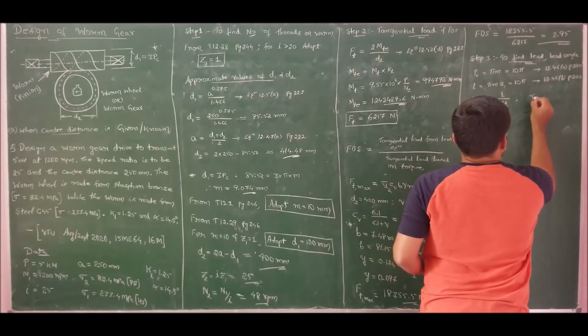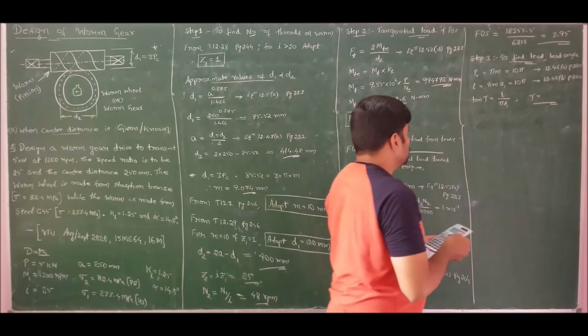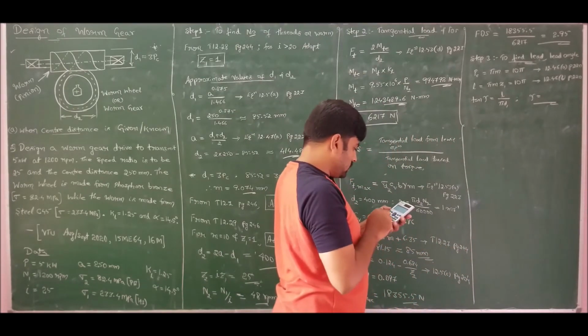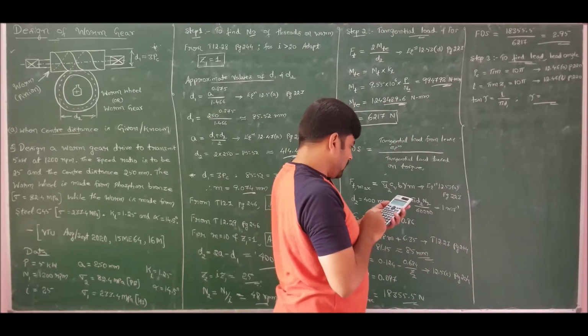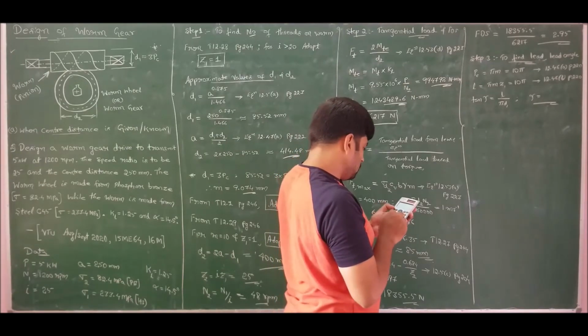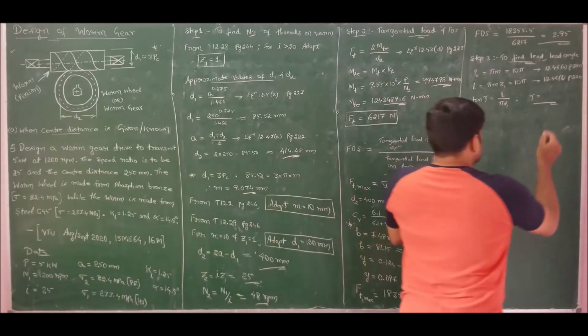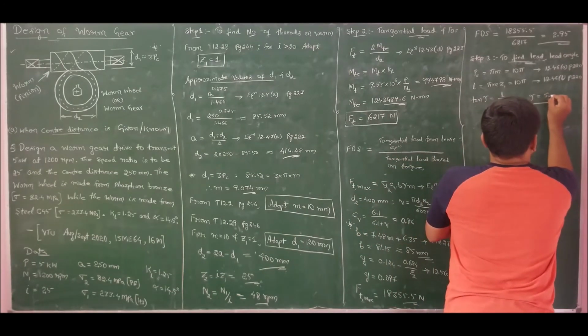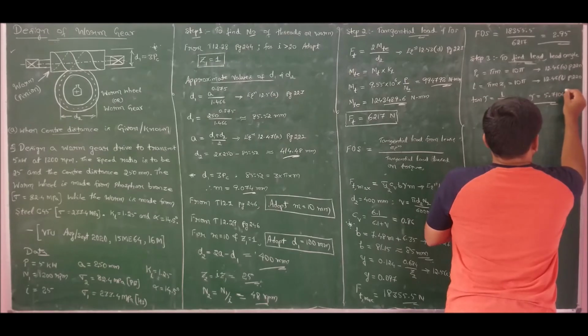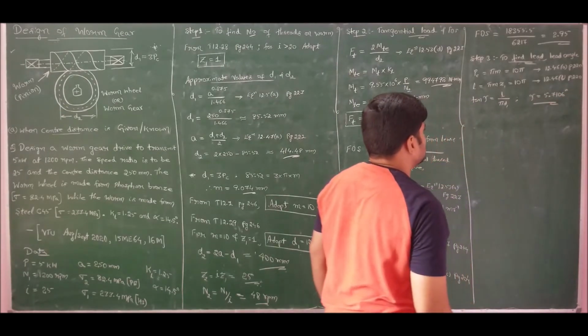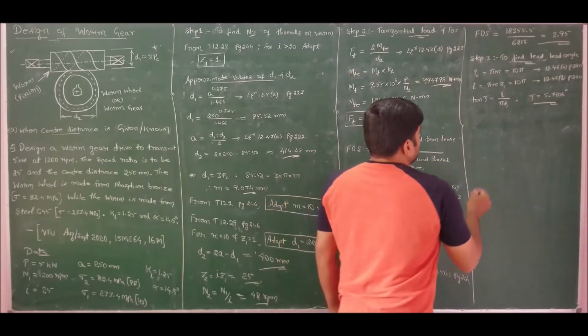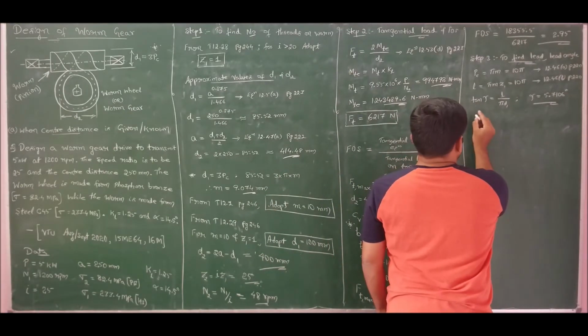So gamma for this problem, the lead angle, will be tan inverse of lead, 10 pi, pi will get cancelled, divided by d1, d1 is 100. So the lead angle for this problem is 5.7106 degrees, which is within the permissible value.